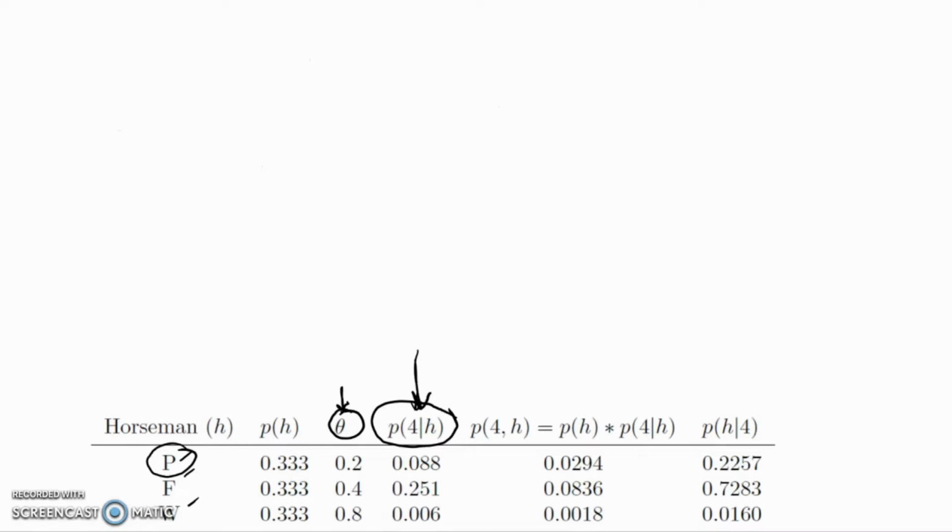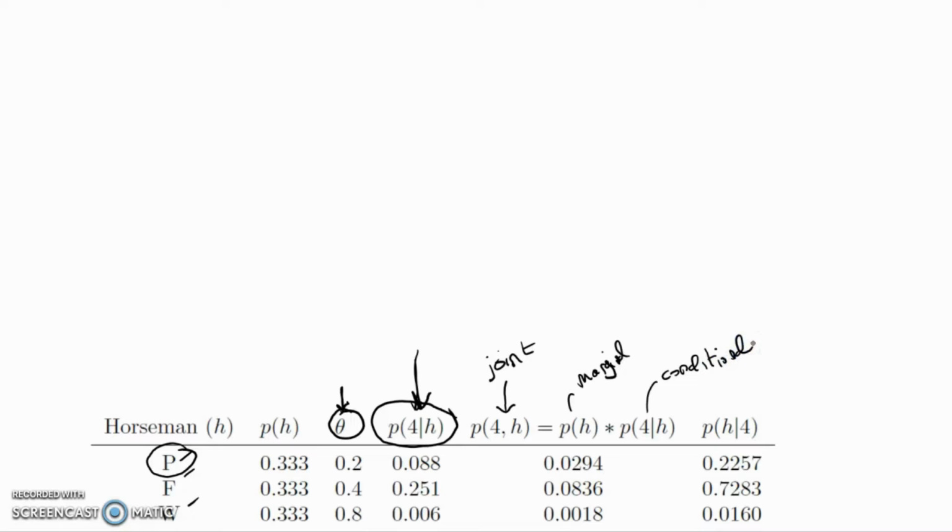So what do we have in this column? Well, in this column, we've got the joint probability being equal to the product of the marginal probability and the conditional probability.